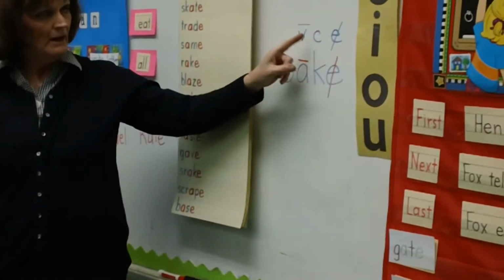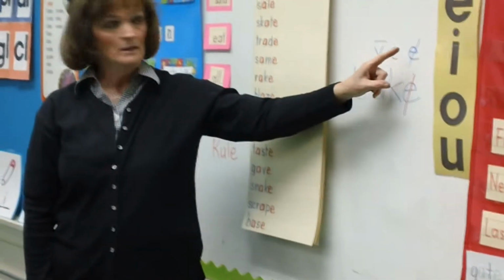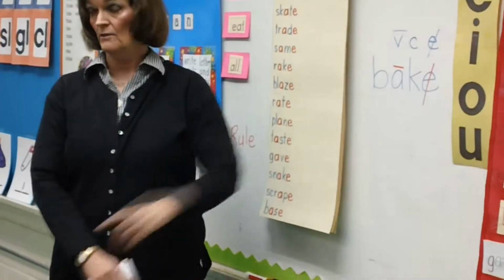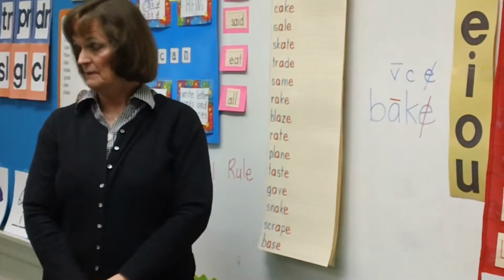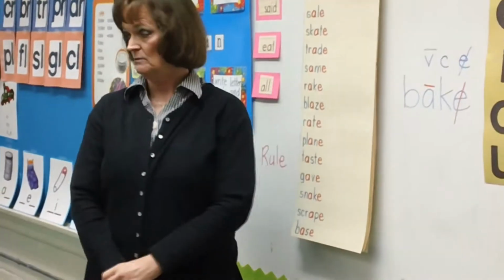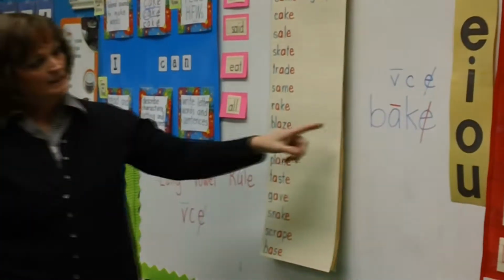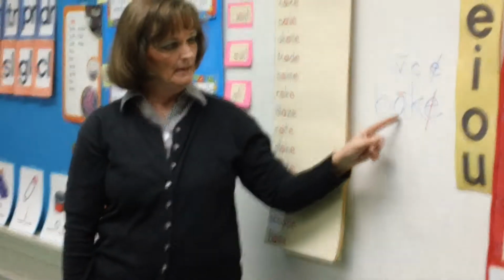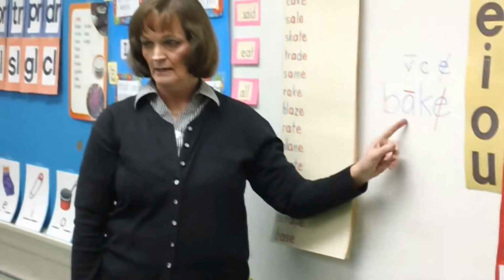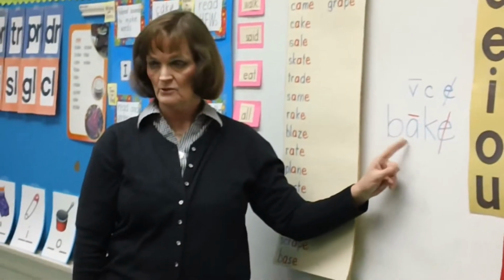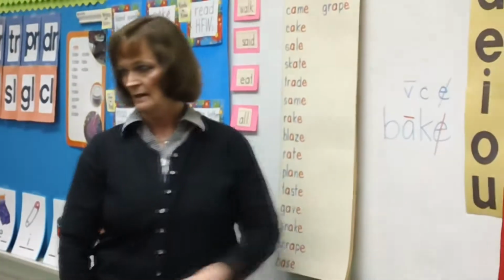If we have a vowel, consonant, E, the E is going to be silent, and the A is going to be long, or the vowel is going to be long. But in this case, it would be the long A, because that's what we studied today. Like in the word bake, bake, bake, long A words. Okay. We have two vowels. That makes the first vowel long, makes the second one silent.